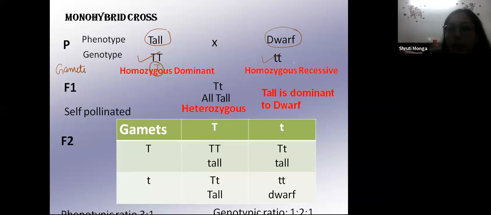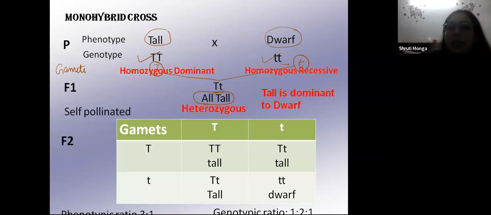Here would be small t, circle. And then when they are crossed, you get the next generation of plant with genotype capital T, small t. Now, because it has got capital T in it, that means it is the dominant allele, and it is dominant for what? Tall. That means all the plants are tall.